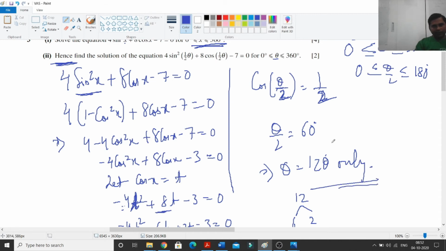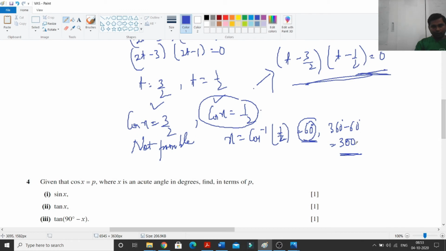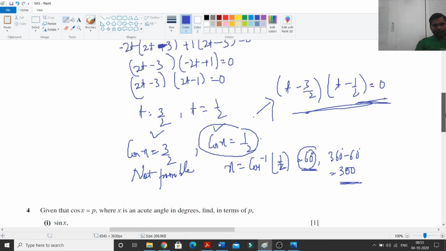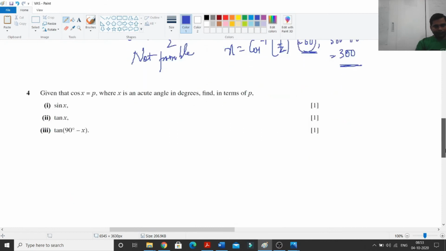The other answer we can't take, because theta over 2 has to lie between 0 and 180. The x value was 300, so we can't take theta over 2 as 300 because it is not in the domain of 0 to 180. So that's the only answer.